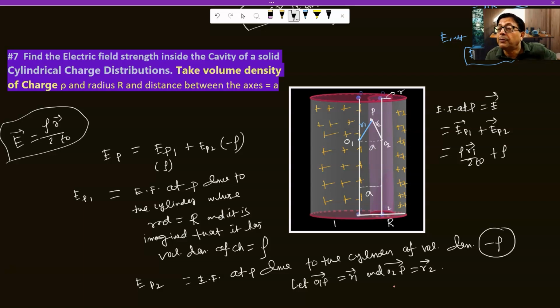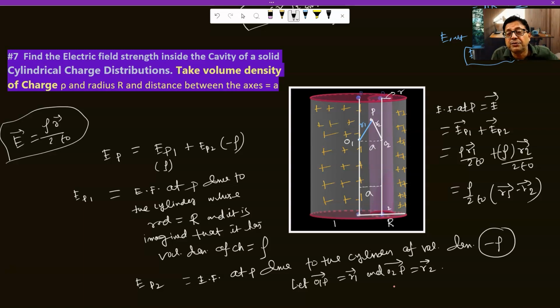This one also you know the formula; it has volume density minus rho, so it will be minus rho into R2 by 2E0. Agree or not? So rho by 2E0 times (R1 minus R2). What is R1 minus R2 in this triangle?